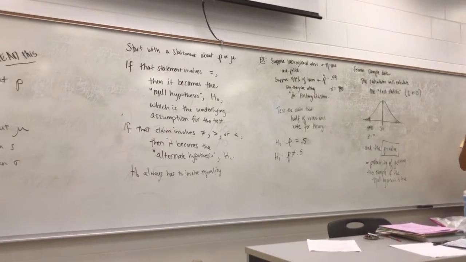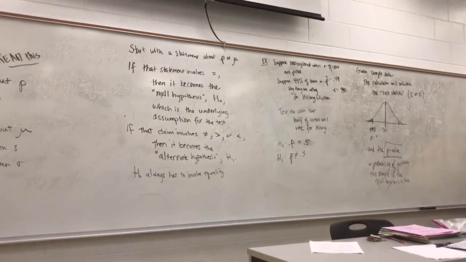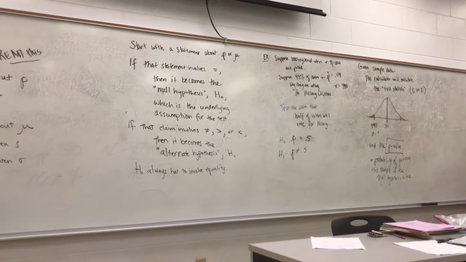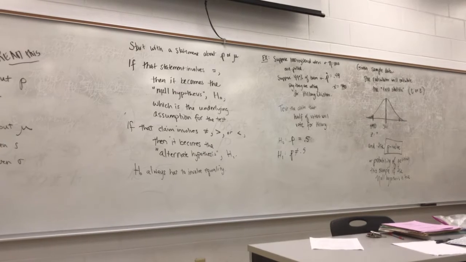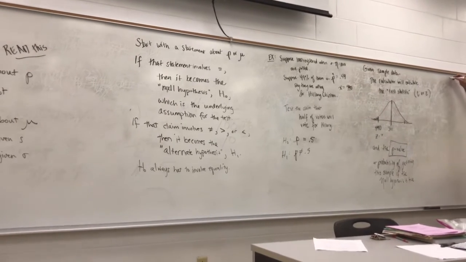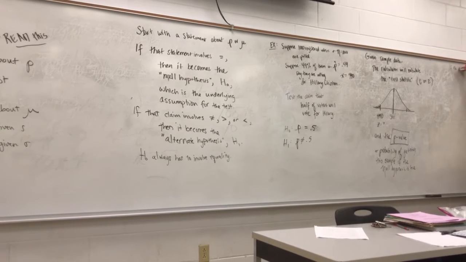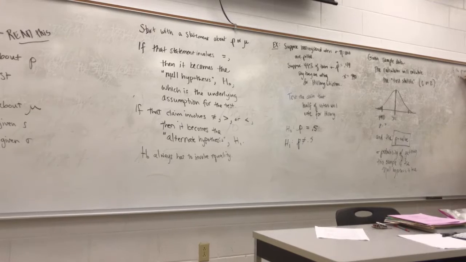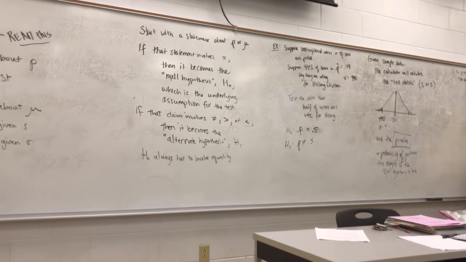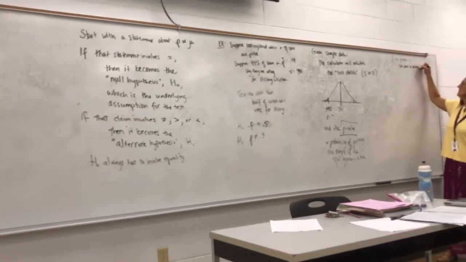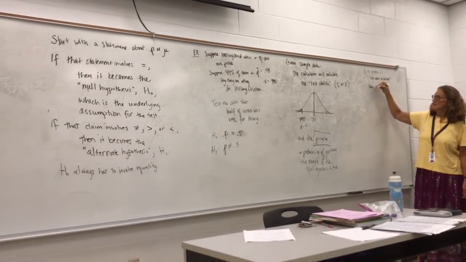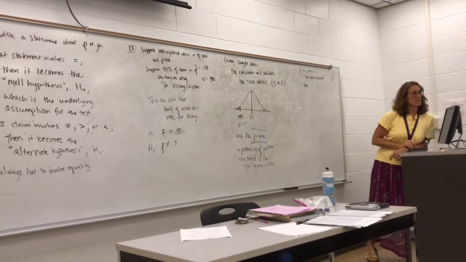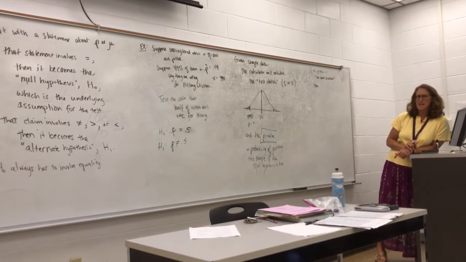There's sample variation. So the question is, is this something that should happen under the assumption of the null hypothesis, or is it unlikely? If the p-value is what I call too small to believe, then our conclusion is going to be to reject the null hypothesis, because that means that shouldn't have happened.